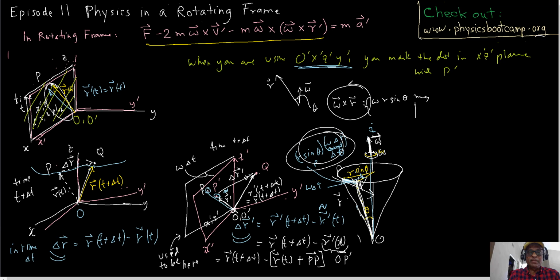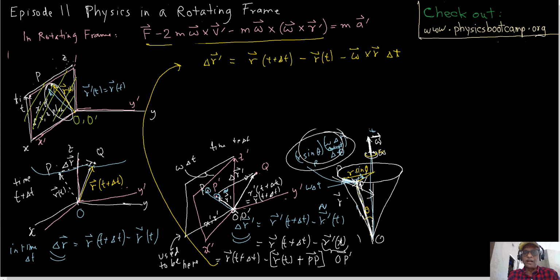So these are the vectors in the inertial frame, and this is in the non-inertial frame, and you can divide everything by delta t and take the limit as delta t goes to 0. So this says the original vector's rate of change versus the same original vector's rate of change in two different frames.